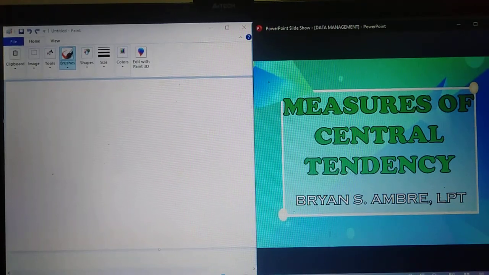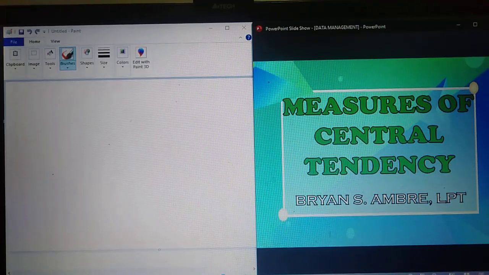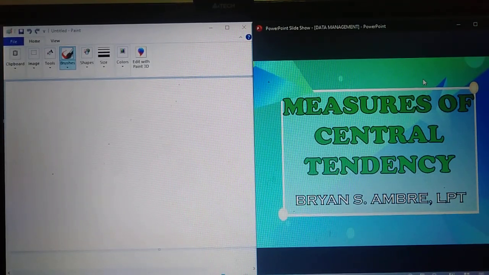So I know you already know this topic, because I think some of you are a product of senior high school, and you have the subject probability and statistics. So alam nyo na yung basic component ng measures of central tendency.